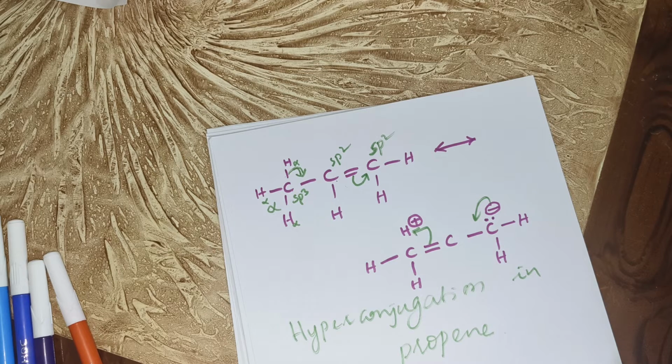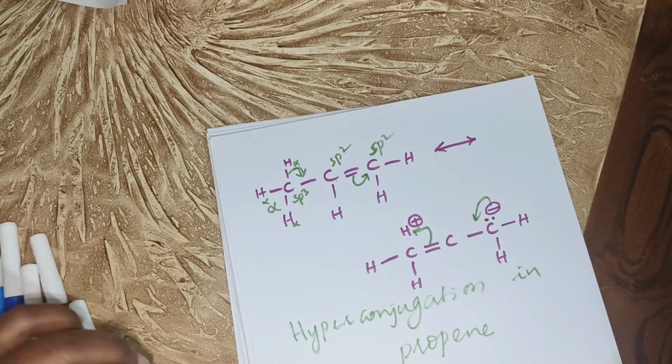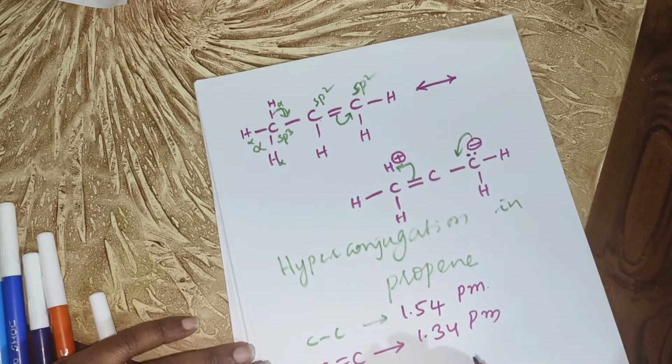Due to this hyperconjugation, what happens is, actually the C single bond C length is 1.54 picometers, keep that in mind, and the C double bond C bond length is 1.34 picometers. Okay, bond length.